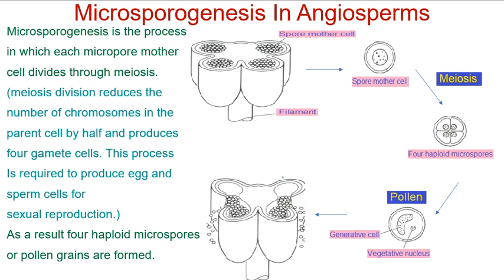So in microsporogenesis, each microspore mother cell divides through meiosis. As a result, 4 haploid microspores or pollen grains are formed. Here is the diagram in which you can see the anther, the spore mother cells, and the filament of the anther.